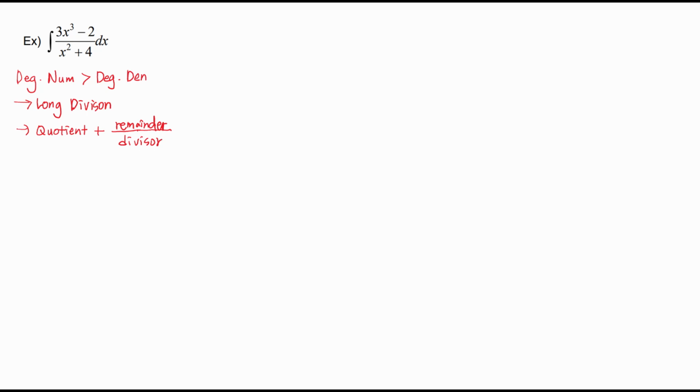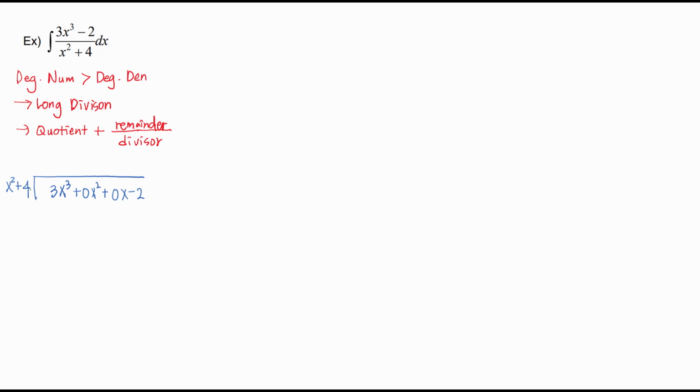So let's go ahead and do the long division. My dividend is the numerator, 3x cubed minus 2. But since it has missing terms, I'm going to write 0x squared, and I'm also missing the x term, so I'm going to write 0x, minus 2, divided by my divisor, x squared plus 4.